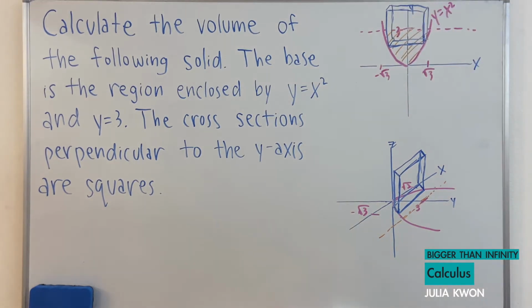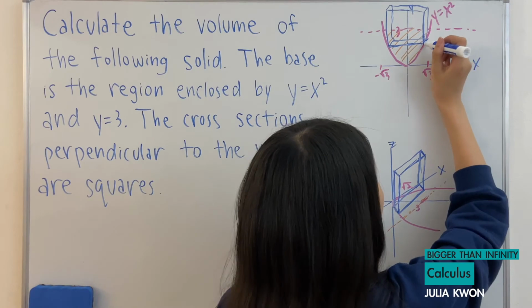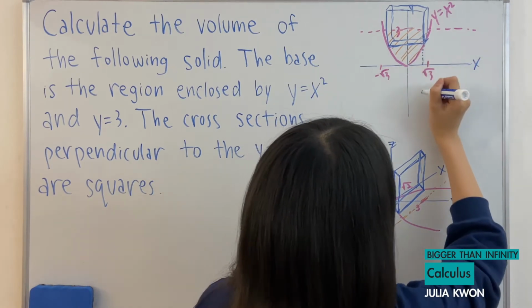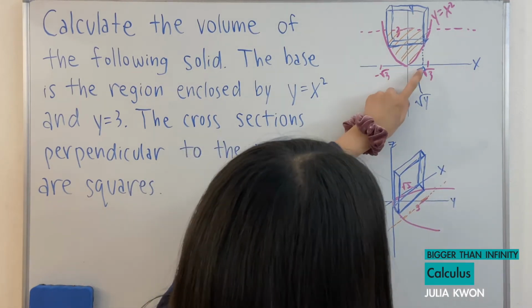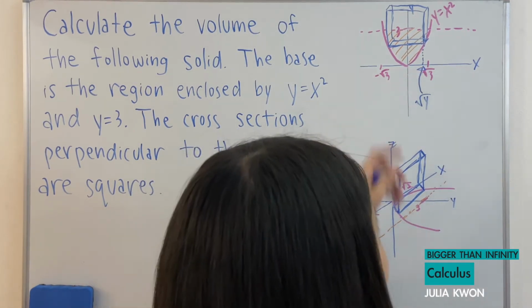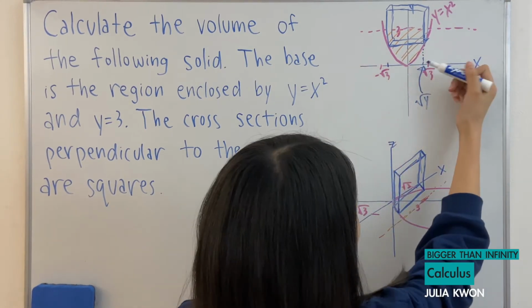It's not the best drawing, but this length here would be the square root of y, since this length is x and x equals the square root of y. The same goes for this length.